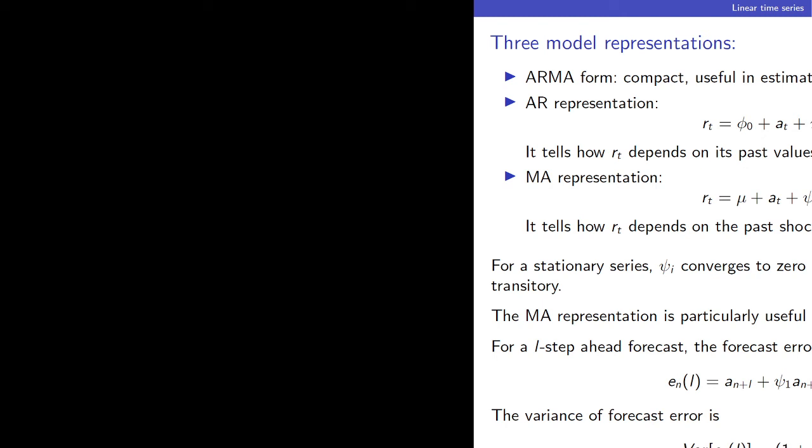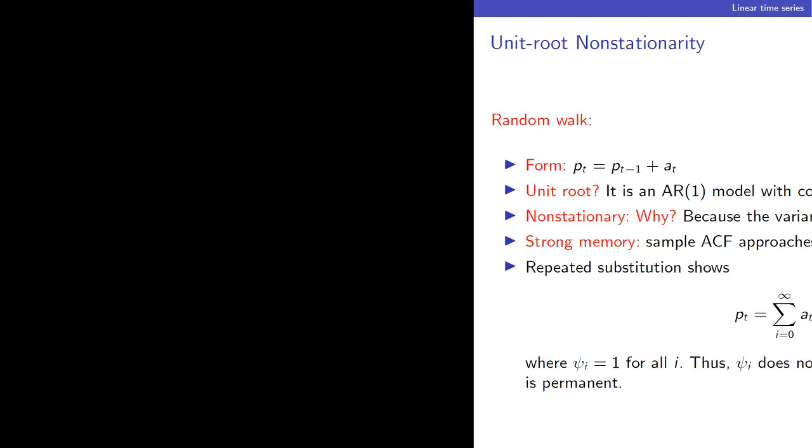Now I'm going to do some talking about different non-stationary models, the first one being the random walk. Random walk has this form. Each step is the previous step plus a shock value.